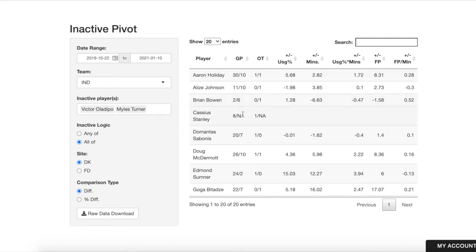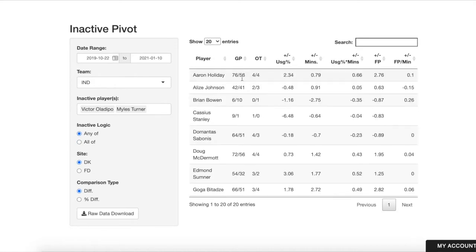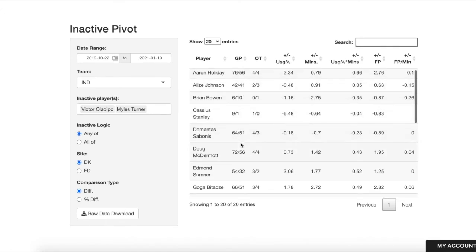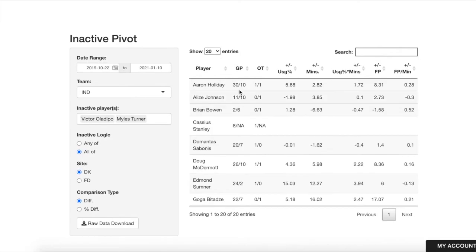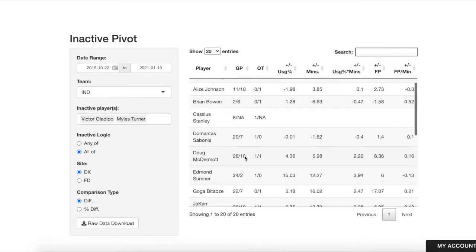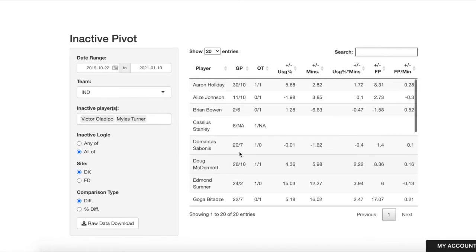So you can see when we do any of, we have a lot of these guys with, over the past year and a half, it looks like, we've had Holiday, Johnson, Sabonis, 40, 50 games in which either Oladipo or Turner have been out. When we do all of, we only have about a 10 game sample at most, really, for games in which both Turner and Oladipo missed.